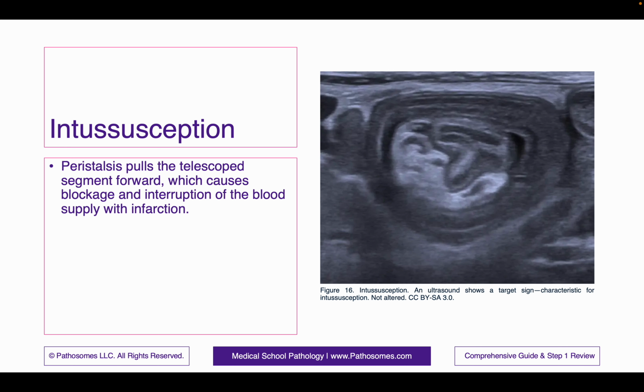and that's characteristic for intussusception. Now, this isn't the first time we heard the buzzword target, right? We've seen that in hematology at some point. Speaking of which, if you have a red blood cell that has a quote-unquote target sign, what should be on your differential? Thalassemia, right? And I'm going to help you drill down a little bit even more.